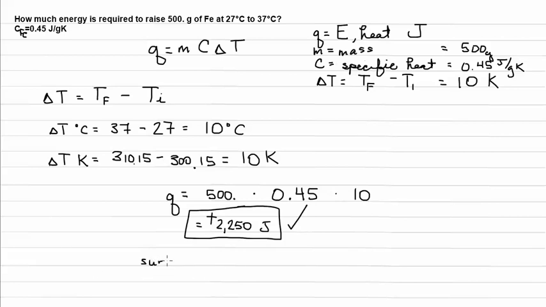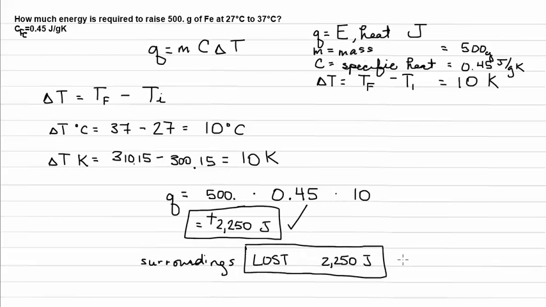The surroundings lost 2,250 joules. Equal in magnitude, but opposite in sign. So the Q of the surroundings is negative 2,250 joules.